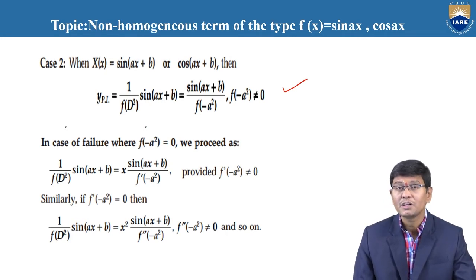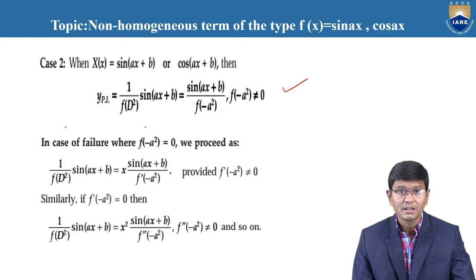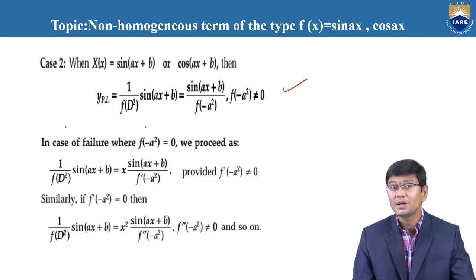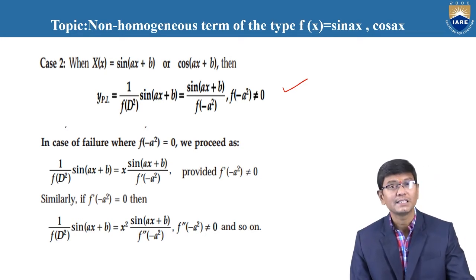Sometimes when you replace D square with minus a square, the denominator vanishes, that is, it is equal to 0. Hence, according to the working rule, you need to multiply by x and take the derivative of the denominator. Again, you replace D square with minus a square.